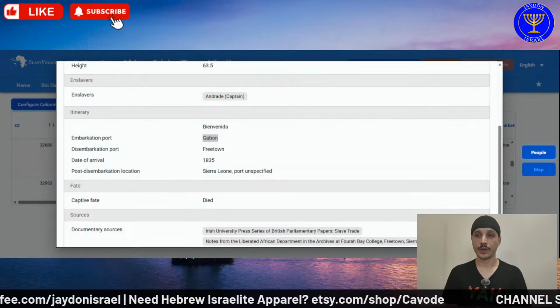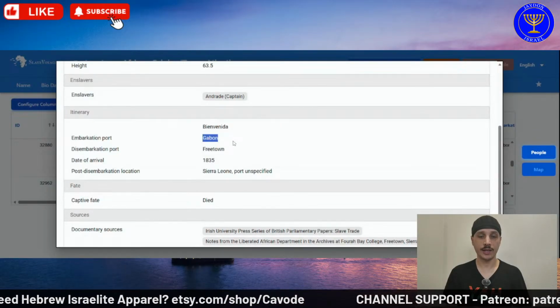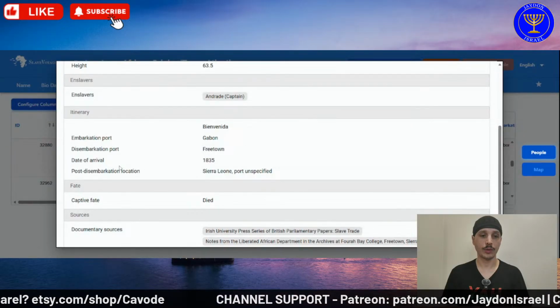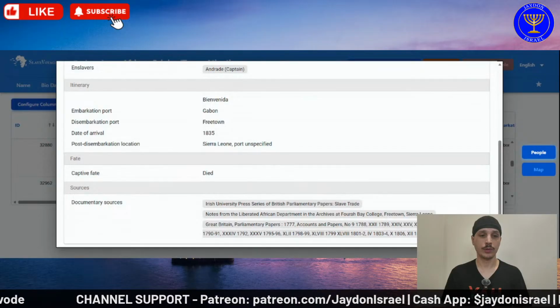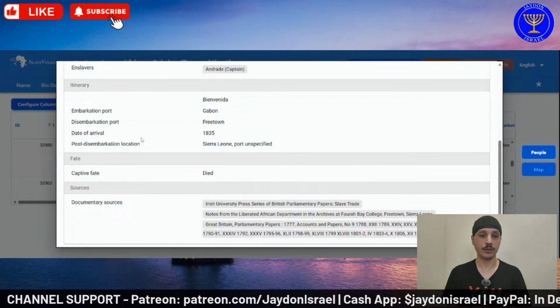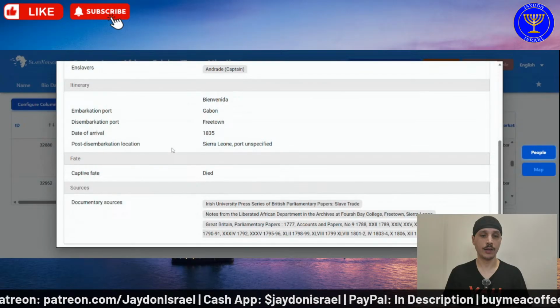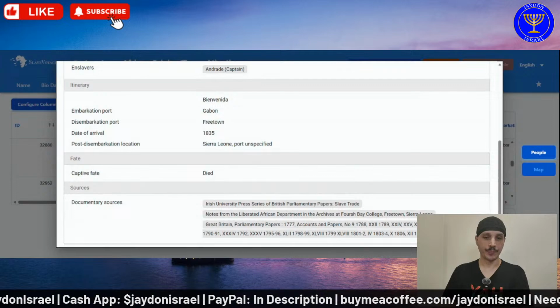Check it. We have record of Israelites living in Gabon. Disembarkation, Freetown, 1835, Sierra Leone, port unspecified. Captive fate: he transitioned.